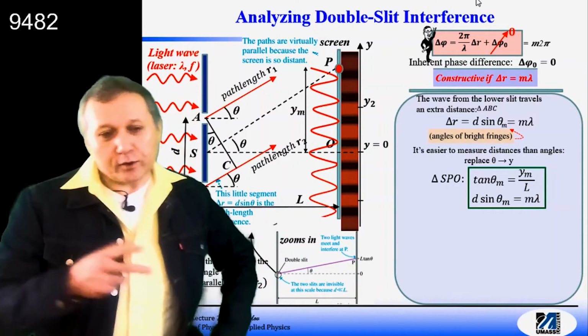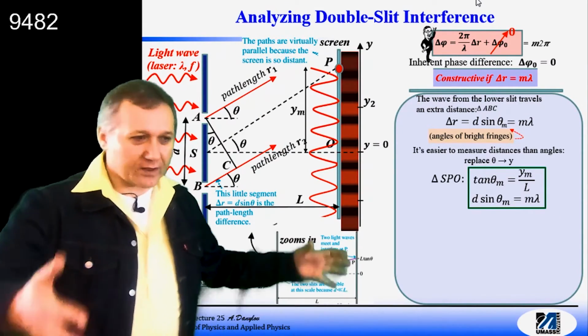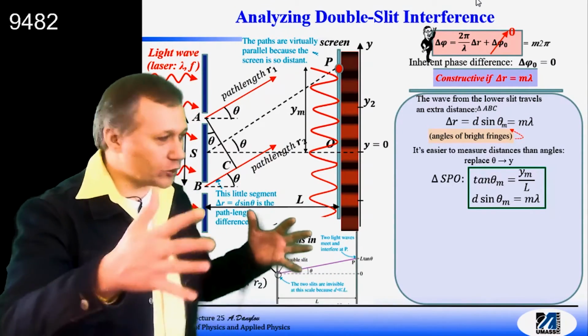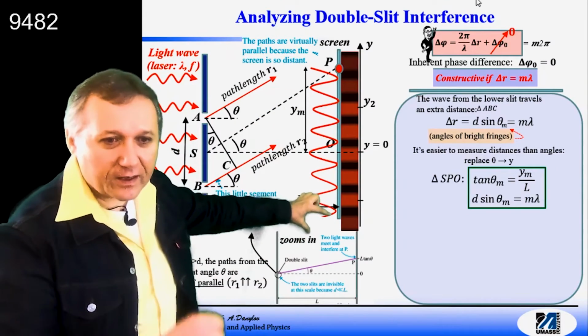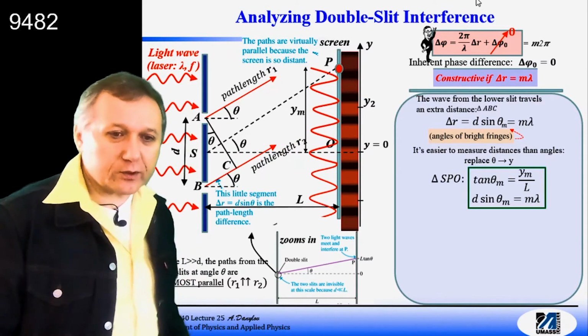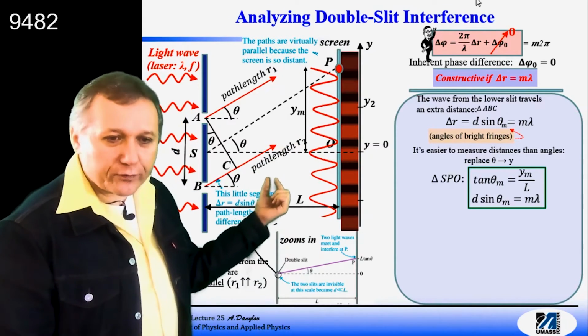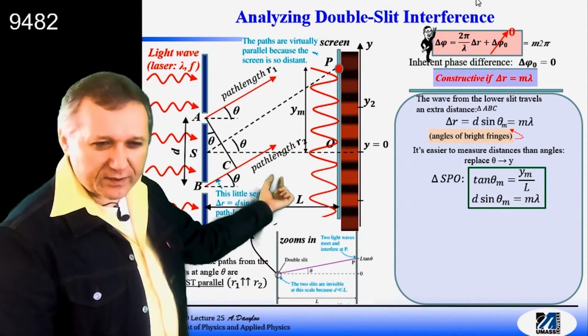Usually, during the normal semesters, I bring this setup and I show on the wall these fringes, dark and bright. All those visible bright and dark fringes are within maybe 1.5 centimeters.